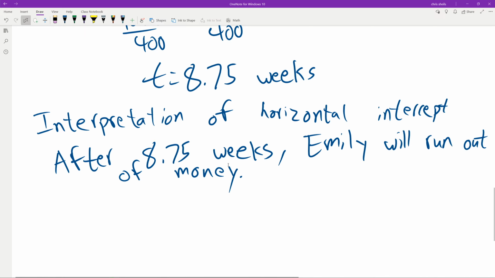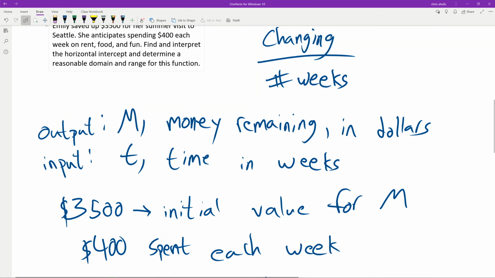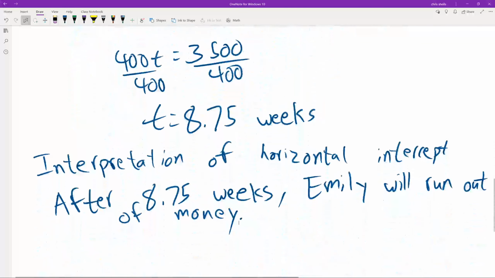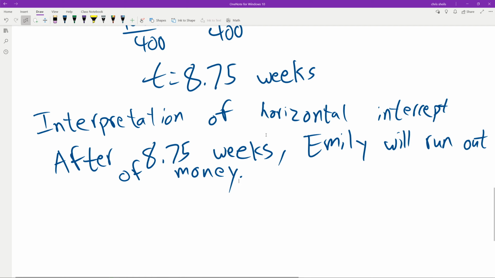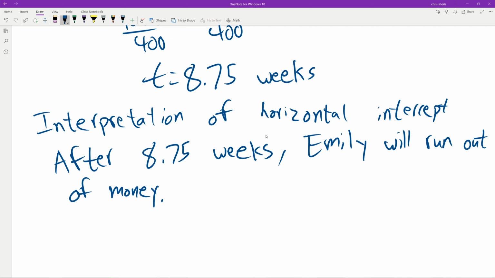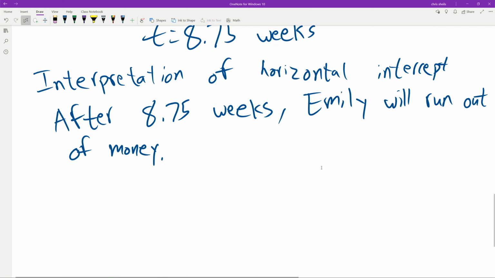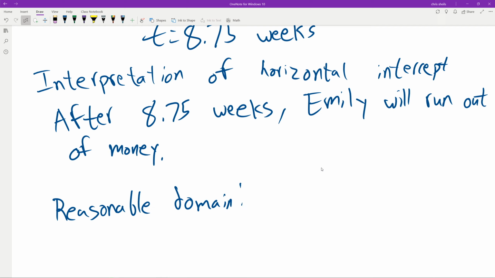Let's see. We also wanted to find a reasonable domain and range for this function. Maybe I should write a little lower so we can see this is clearly on a second line. There we go. So a reasonable domain, well, we said that Emily will run out of money after 8.75 weeks.